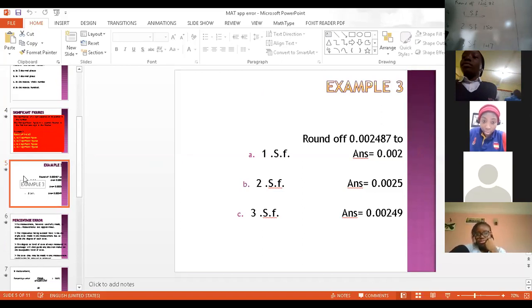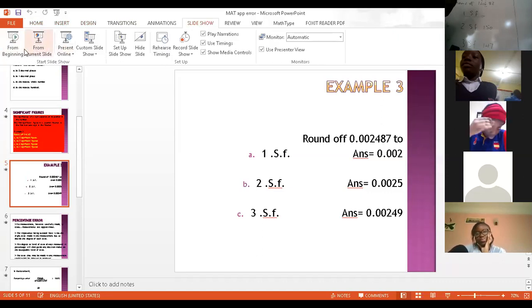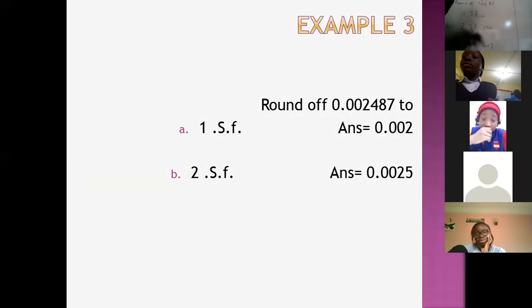Now, on your screen, you will realize that when you have to round off 0.002, let me take it to slideshow. All right. So to take it to one significant figure, the first non-zero number there is 2.